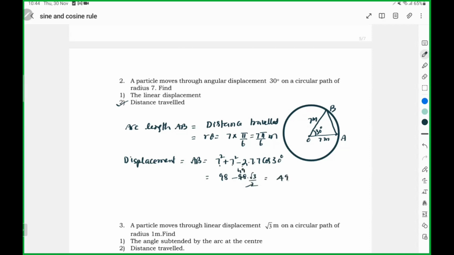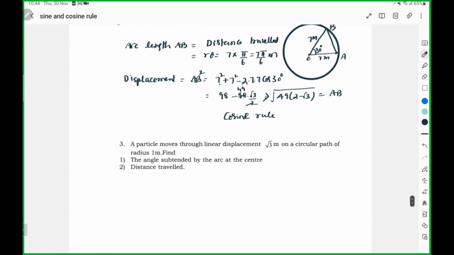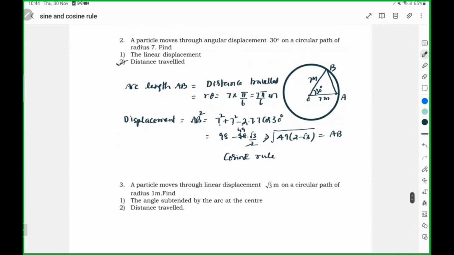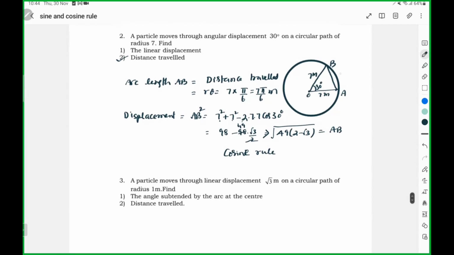So the displacement is 49 into 2 minus root 3. Here what rule did I use? Cosine rule. This is AB square. Or the same problem can also be solved by using the sine rule.